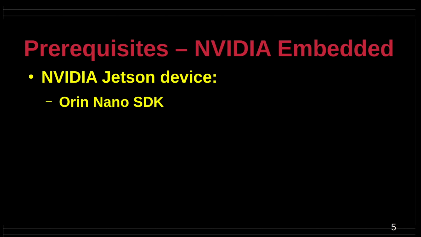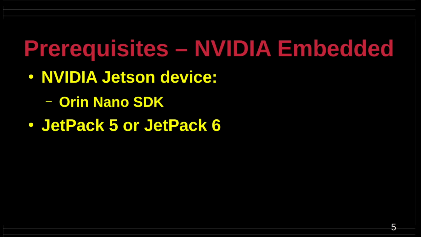my current IoT farm. So naturally, we will need one of the following Jetson devices: Jetson AGX Orin, 64 gigabytes, Jetson AGX Orin, 32 gigabytes, Jetson Orin NX, 16 gigabytes, and Jetson Orin Nano, 8 gigabytes.